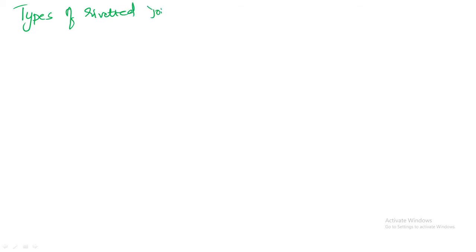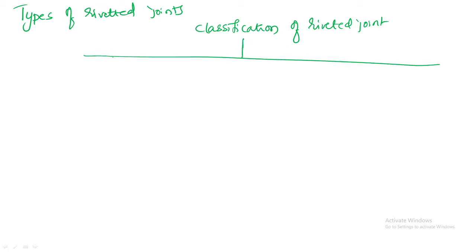Mainly these are classified into two types of joints. One is the lap joint, another one is the butt joint.